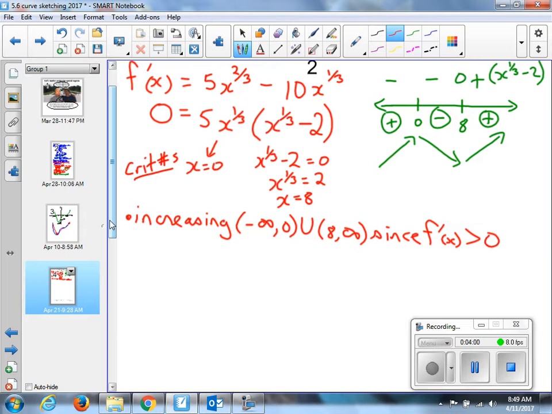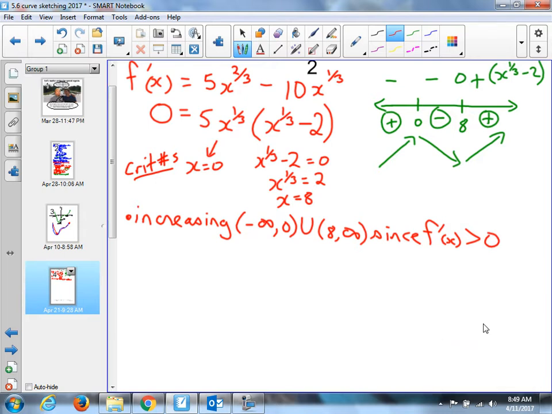It's positive. It could be equal to 0 a small, countable, finite number of times as well, but that's not the case. And it's decreasing on the interval from 0 to 8, since the first derivative is negative.